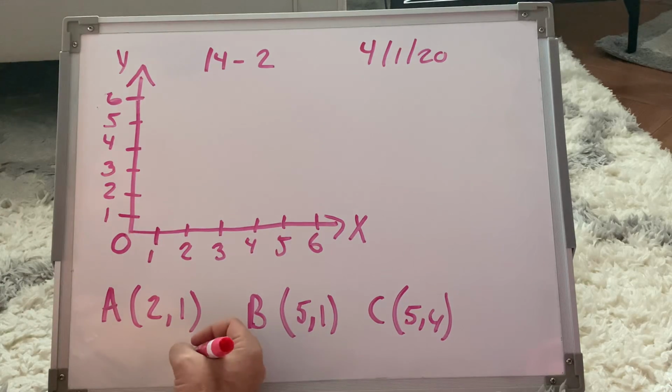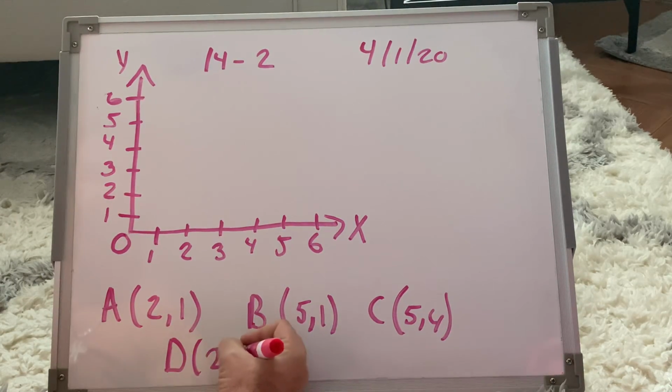And let's do D down here, which will be 2, 4. Okay, so these are the 4 ordered pairs that we're going to be graphing.